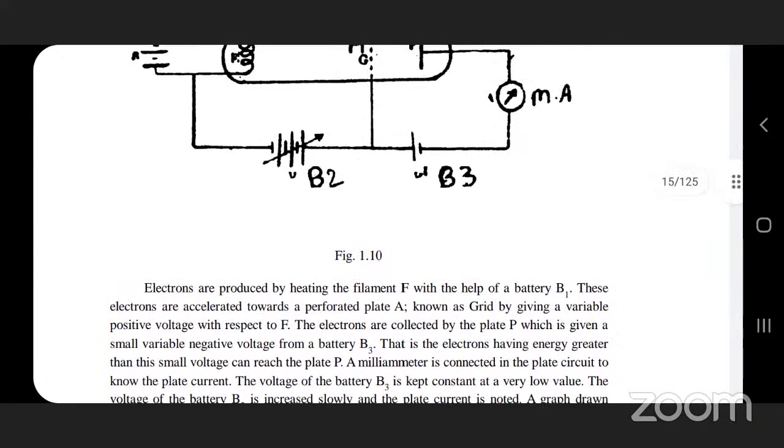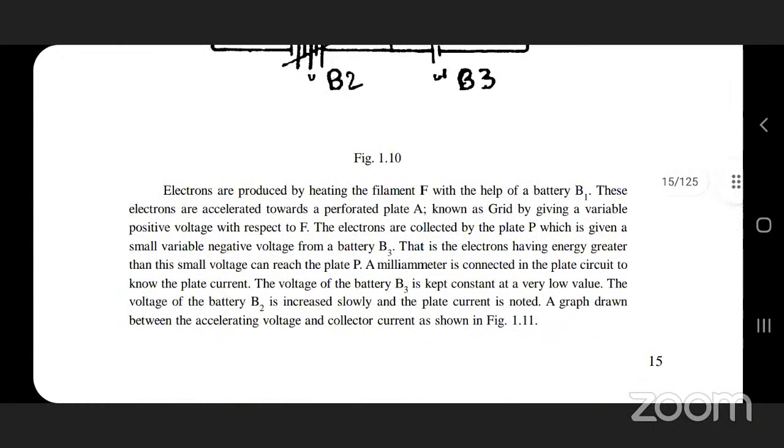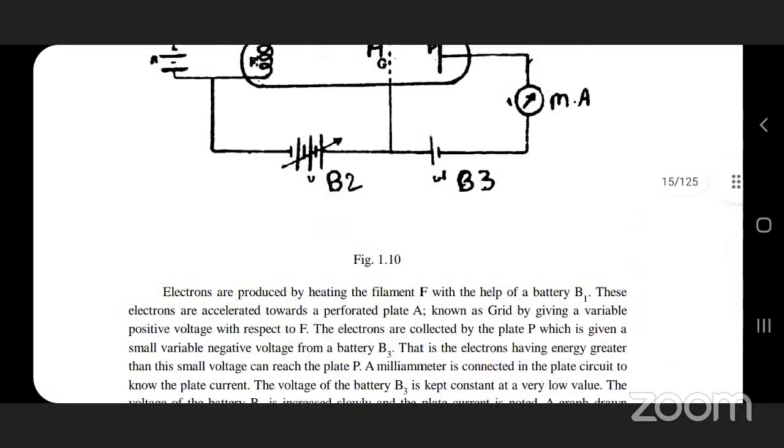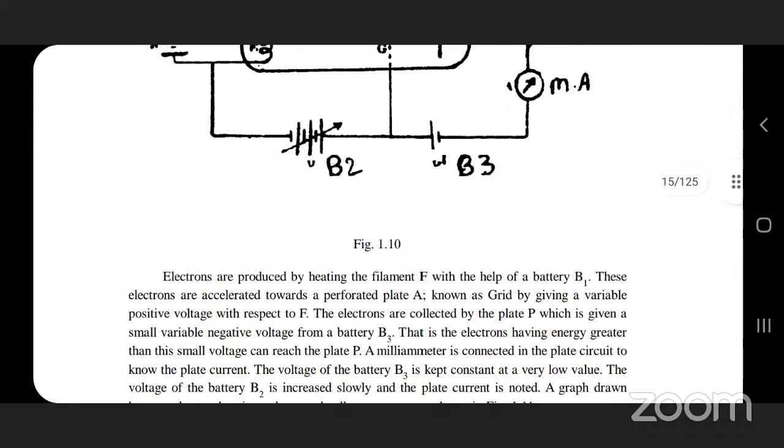Plate current means the electrons reaching from the filament to the plate P; there you are collecting them. Using the milliammeter, you calculate how much current is passing through. If the B2 value varies, you can easily observe how much current is constituted by the plate.